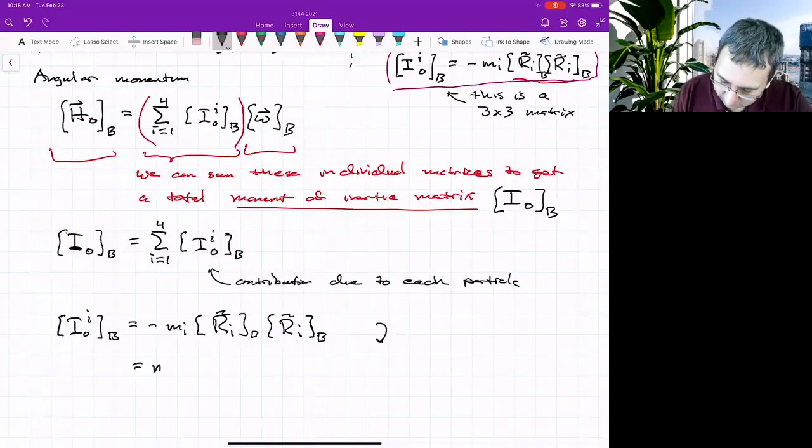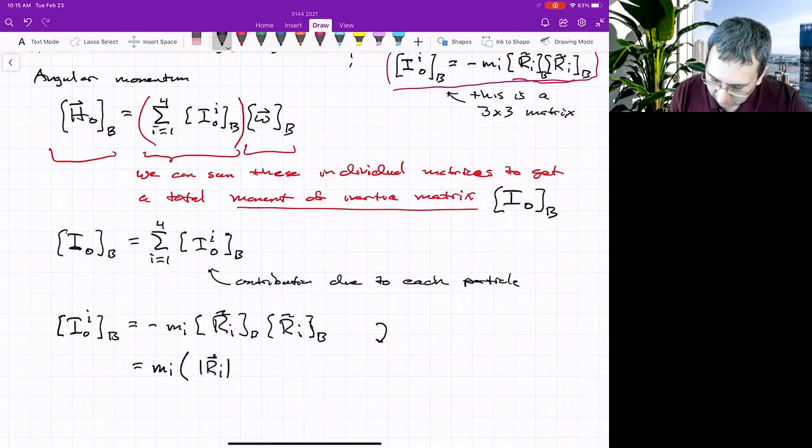Overall, the mass comes out in front, and then we've got the magnitude of the position vector squared, times the 3 by 3 identity matrix.